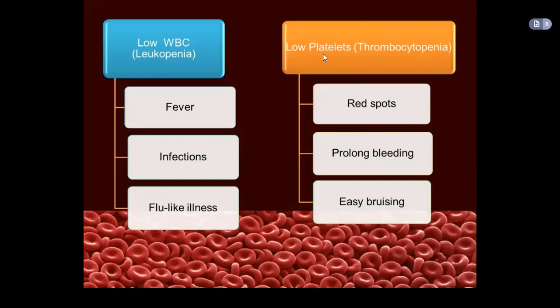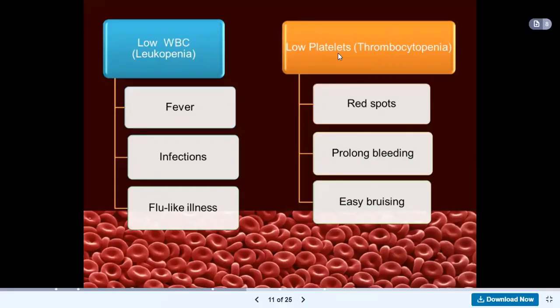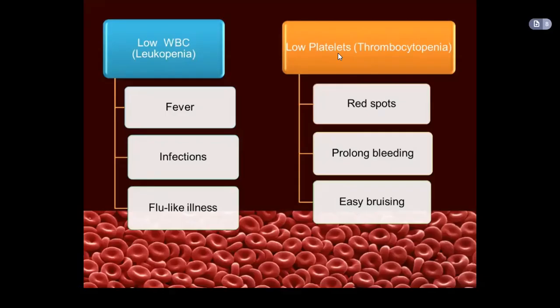Actually, most of the clotting factors are produced alongside the platelets. Some are produced in the liver. So when there is no platelets, there would be no adequate blood clot. So a little cut or a little injury would lead to huge blood loss through bleeding.